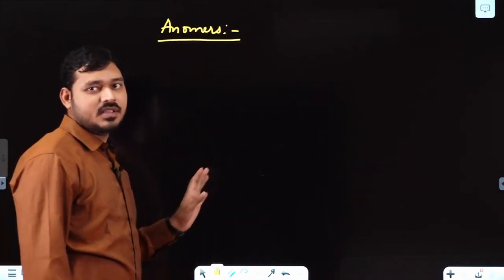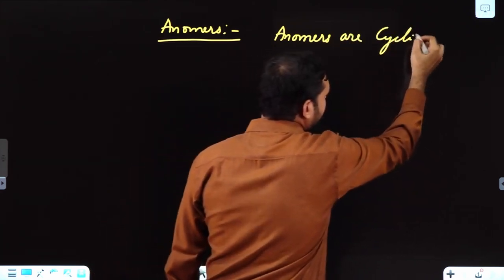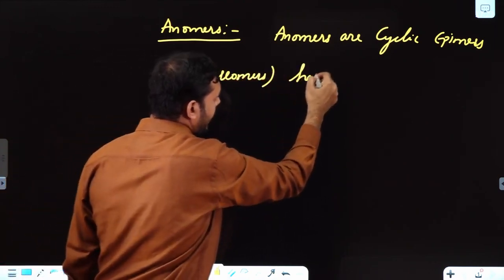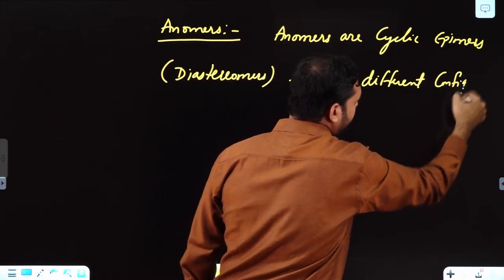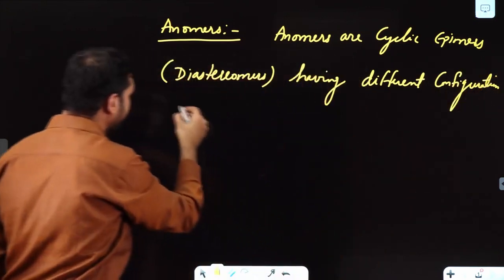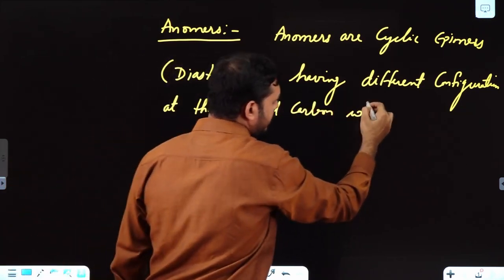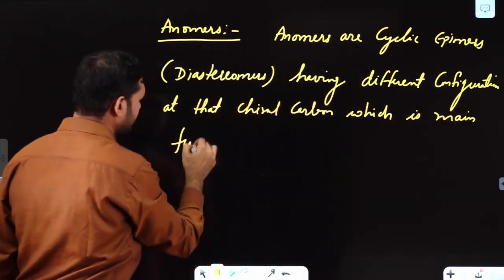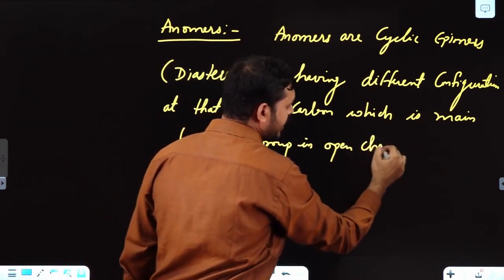If I define anomers, then I can say anomers are cyclic epimers, which are also diastereomers, having different configuration at that chiral carbon which is the main functional group in the open chain structure.